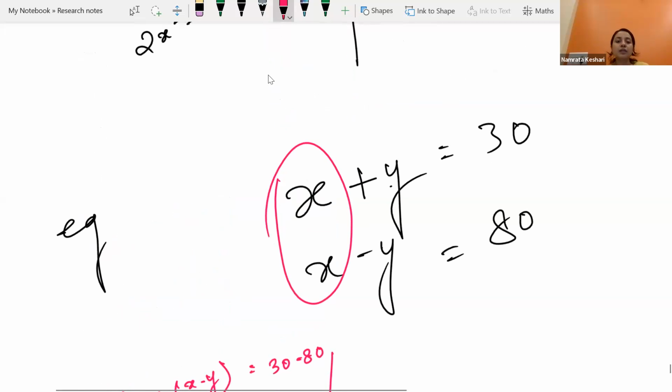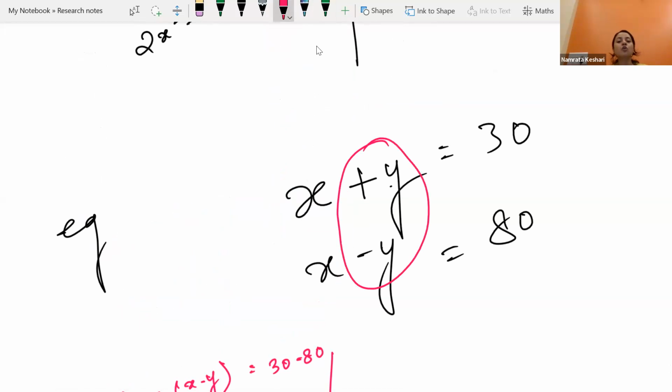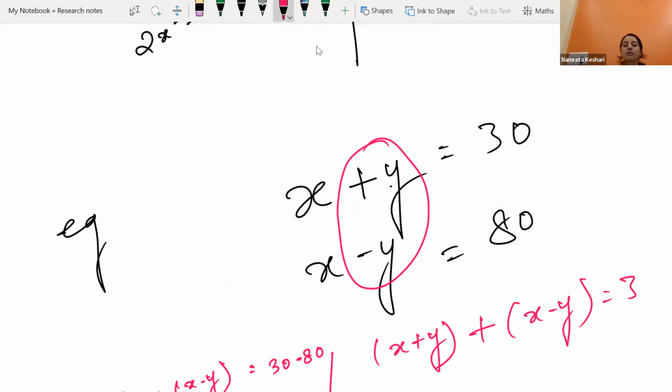Next time, maybe any of your friends want to eliminate y, not x. So if we want to eliminate y, we will focus on the sign of y. One is positive, another is negative. Already it is making 0. We don't want to disturb it. Hence we will add them: x plus y added with x minus y, and 30 plus 80.